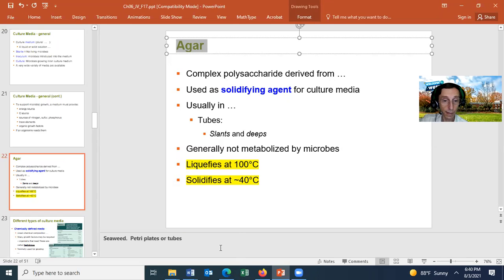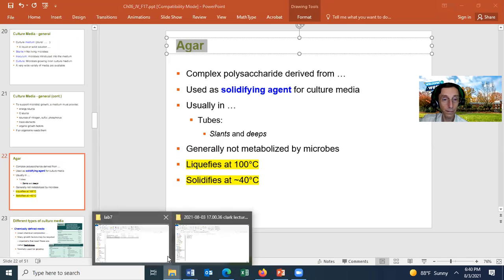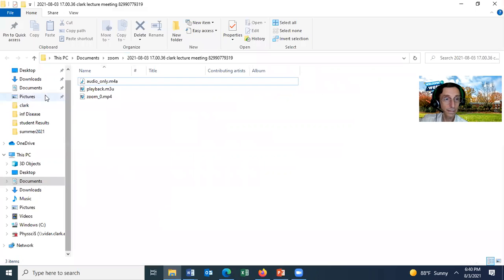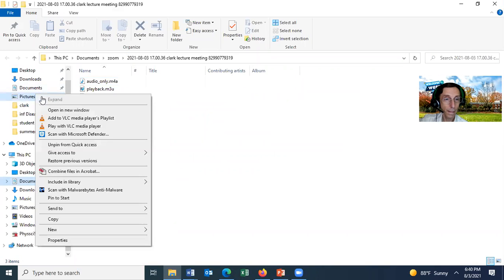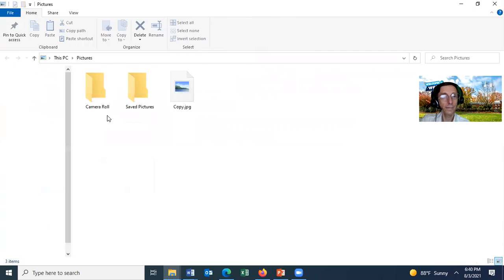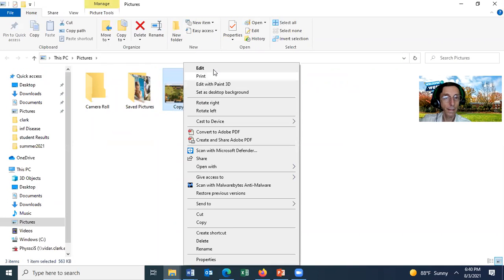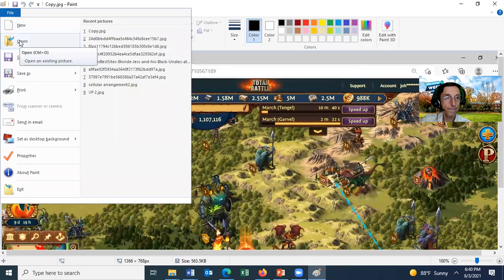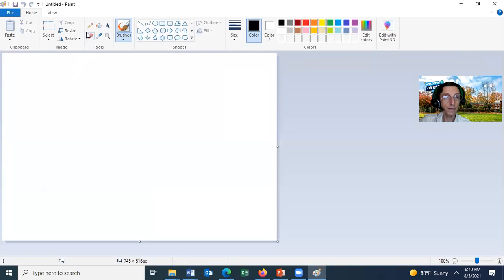In the tubes, there are two types. Of a test tube, we can have the agar going straight across, and that we call a deep.